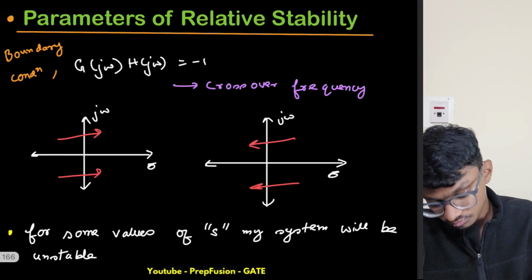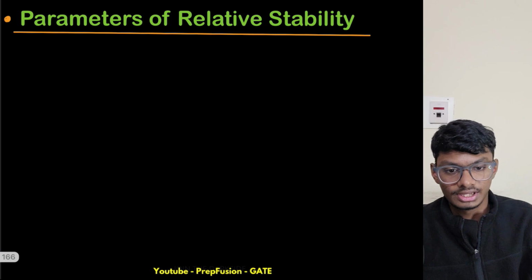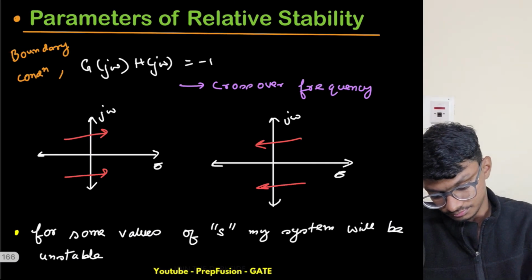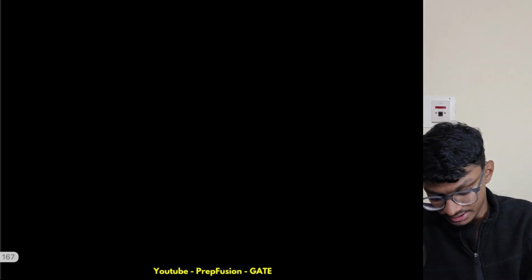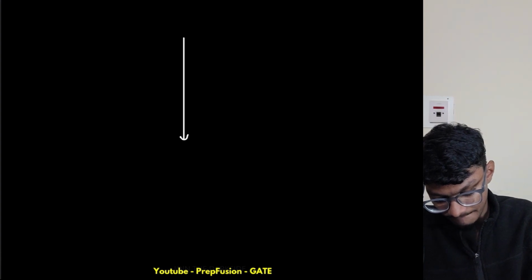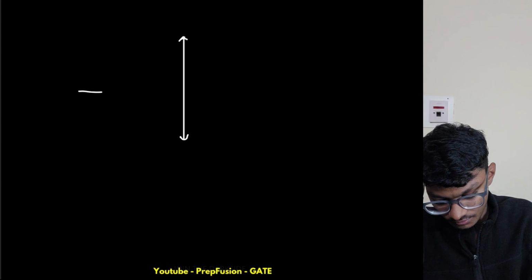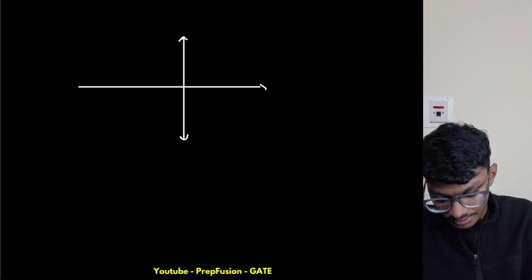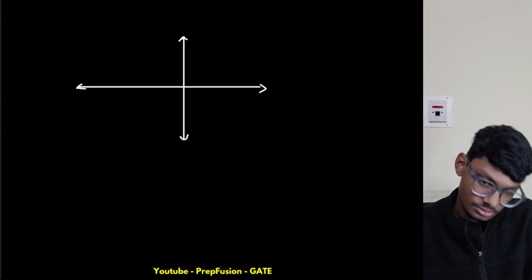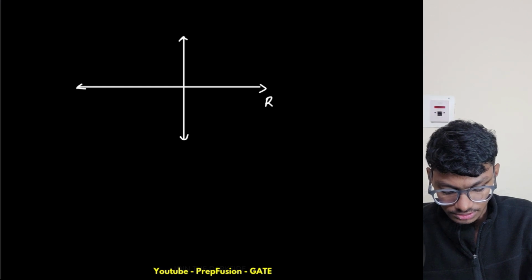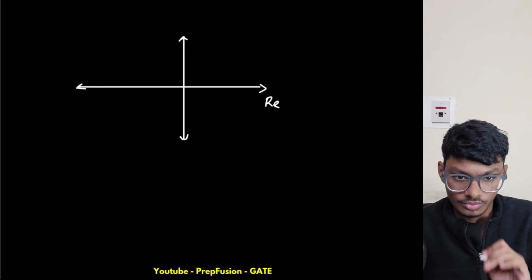So what I can do is take again two axes. Let's say this is the real part of G of j omega into H of j omega.